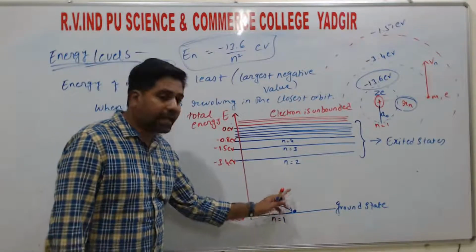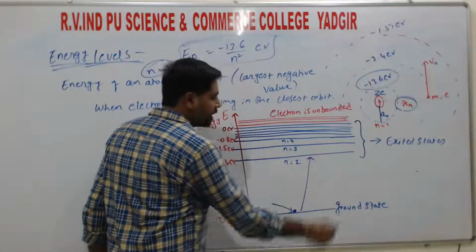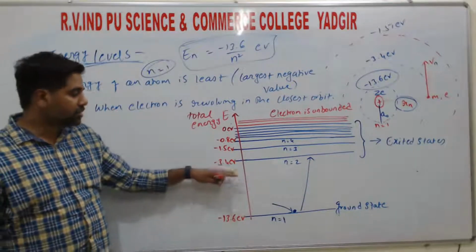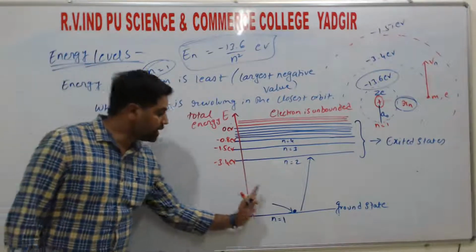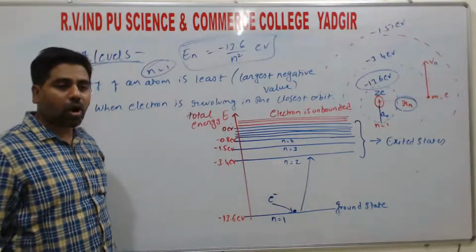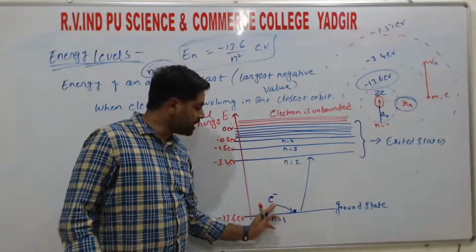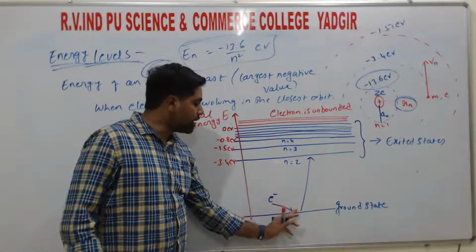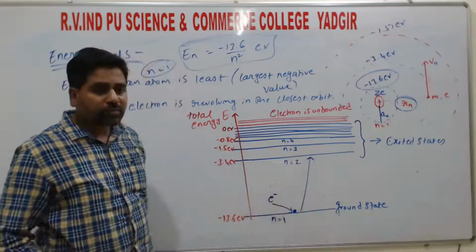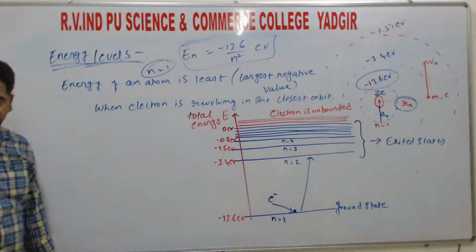That means it gains energy and is excited to the next state. When the electron collides with the atom, the electron revolving around the atom gains energy from the colliding electron, and it shifts to the excited state, right? So understand that one.